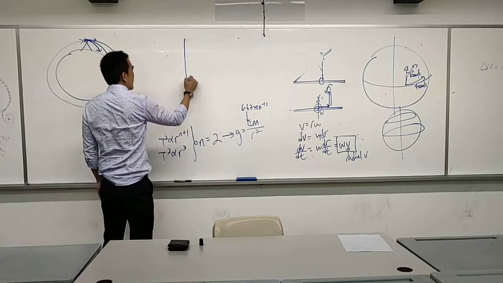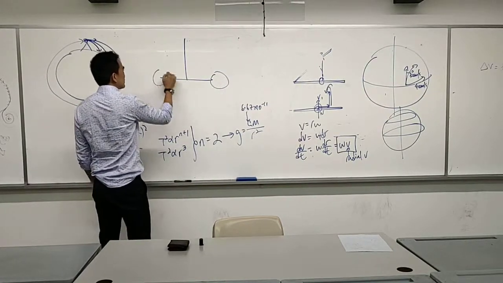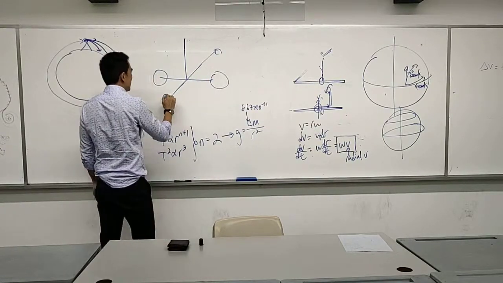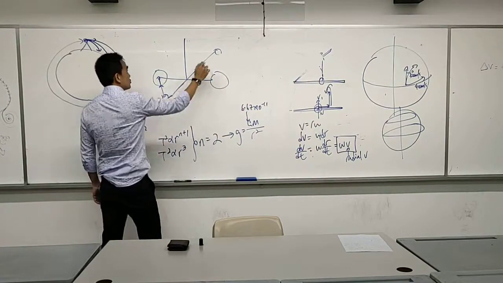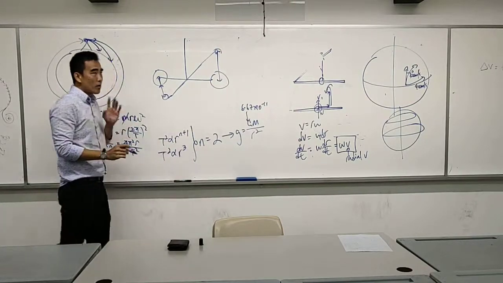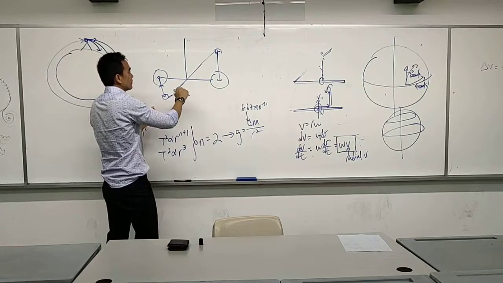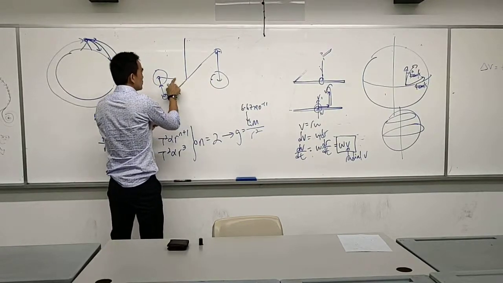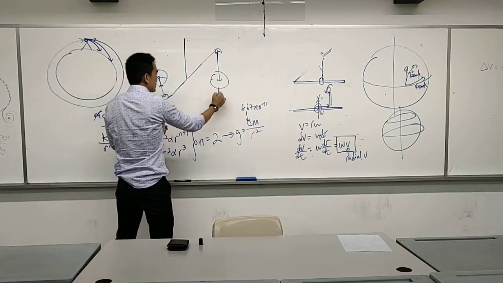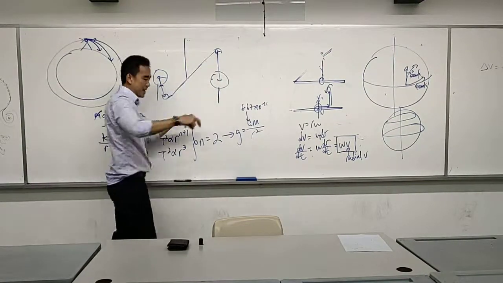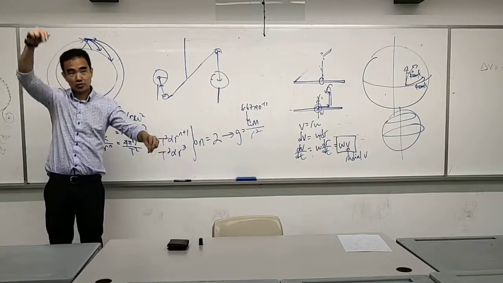So what he did was that he hung a big mass, and then he hung two smaller masses over here, and he knows the distance from center to center. Sorry, hold on, it should be this. And these are two masses that are held on the ground. The two masses over there are hanging on a rod that is held by a string.